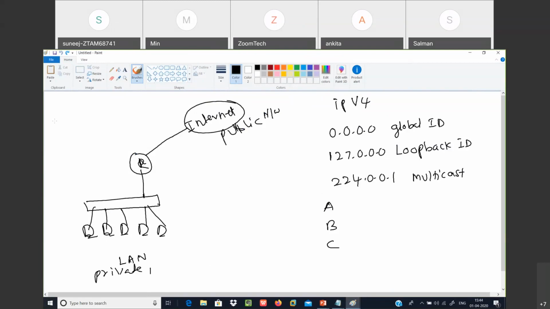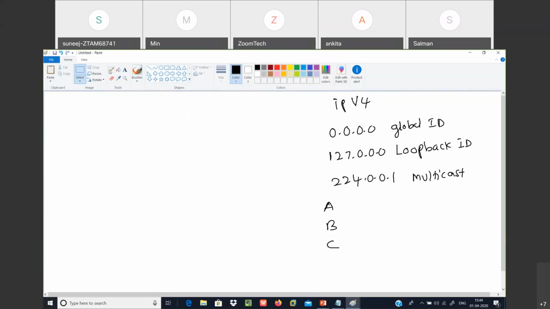Yes, you can use the same private IP for two companies. There's no problem that way. For example, my laptop IP is 192.168.1.10 something. It can be your computer also, maybe our online participants, anyone can use this IP.